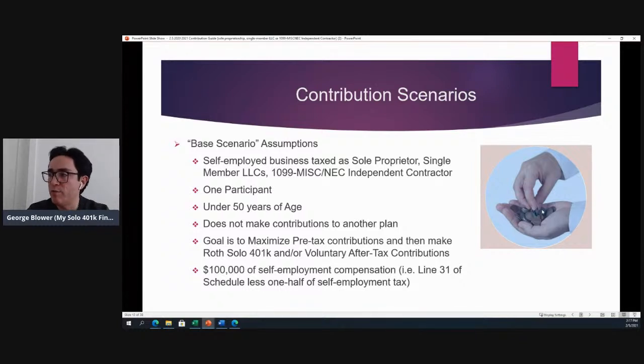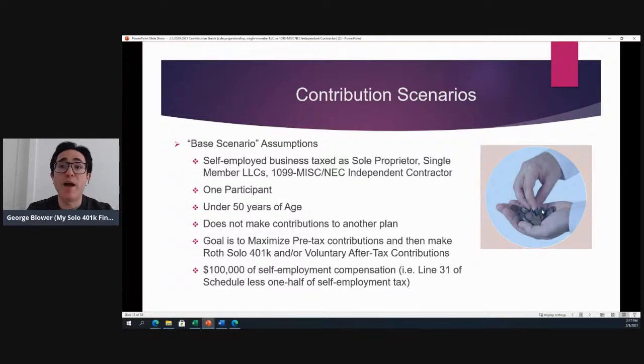Next question, what's the benefit of doing pre-tax versus after-tax contribution and then rolling over to the Roth? If the goal is to maximize the Roth, should I just do it all in voluntary after-tax? Good question. Of course, it's going to depend on the facts and circumstances, but that's a likely outcome, just making it all as a voluntary and then moving it to the Roth.